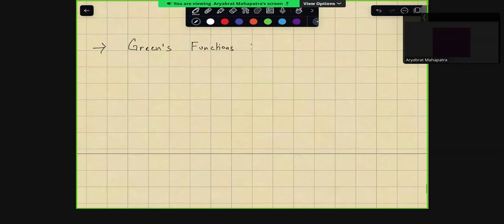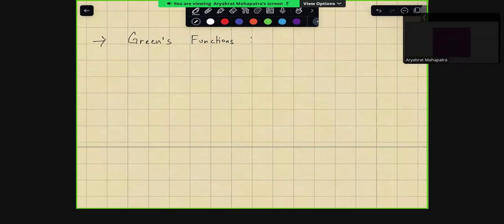So that you can get a fair bit of idea of what was discussed. In Green's function, we basically try to solve an inhomogeneous type differential equation of this form. You solve this differential equation using Green's function.